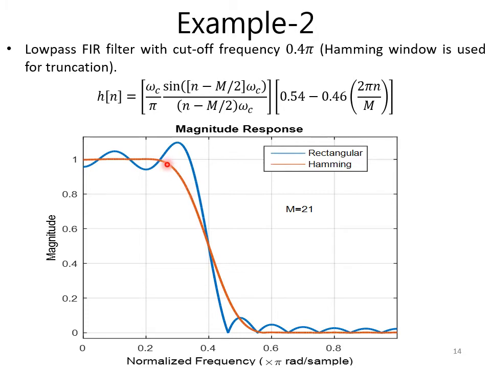It starts nearly at 0.3 pi radians, and it stops at nearly 0.5 pi radians. And for the rectangular window, it is sharper. But obviously, in the rectangular window, you can see a lot of ripples in the pass band and the stop band. And in the Hamming window, we do not have any ripples in the pass band and stop band, or there are ripples which are not visible, which are very small in size. If we zoom in, probably we will find some ripples. So comparatively, there are no ripples.